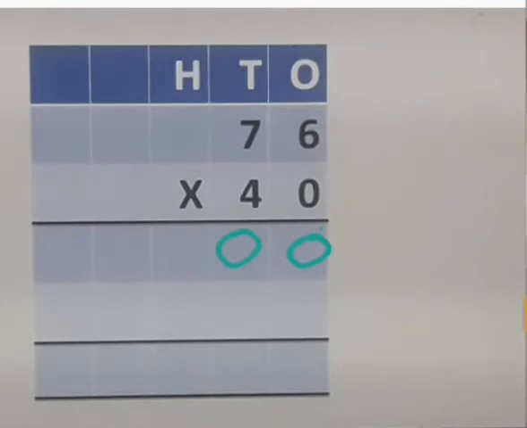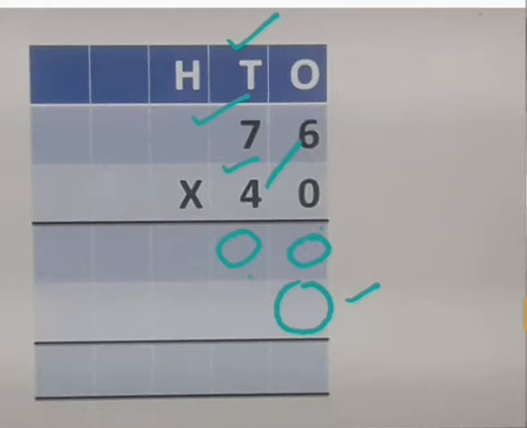Now, we will multiply 76 by 4. Here, 4 is in the tens place. So, children, in the next line, first we will leave the ones place, and we will start from the tens place. Now, we will multiply 4 by 6.